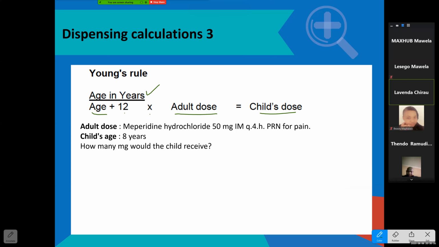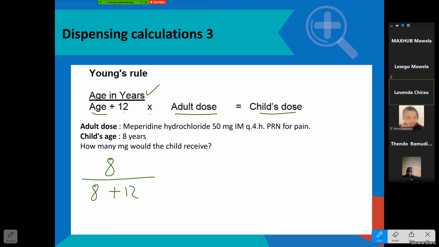So, for example, this meperidine hydrochloride is 50 milligrams IM, 4 hourly or as needed for pain. Now you have a child who is 8 years old. How many milligrams would this child receive? The age in years, what is the child's age? It is 8. You divide it by the age of the child plus 12.